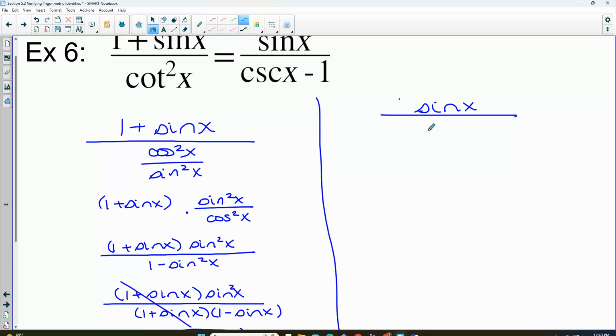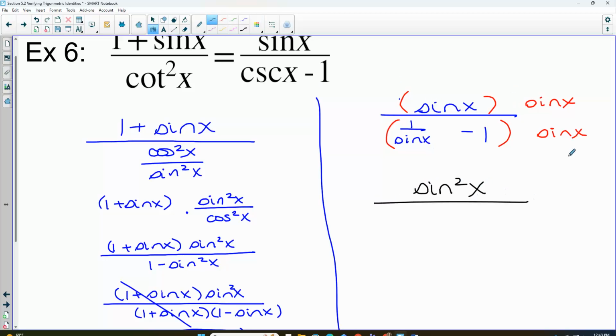So you could have said, cosecant is 1 over sine. We have a fraction in a fraction, or what you could do is just multiply by what's on the denominator to cancel that fraction. And then on the top you get sine squared x. On the bottom you get 1 minus sine x.